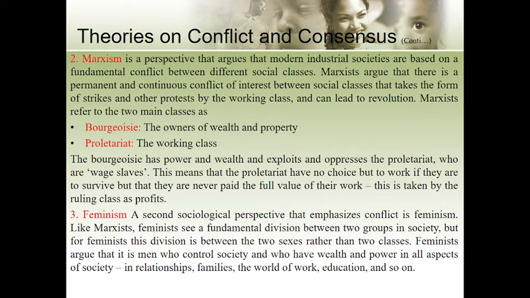But from the feminist point of view, this division is between two sexes, two genders, rather than two classes. Feminists argue that it is men who control society and have wealth and power in all aspects of society, in relationships, families, the world of work, education, and so on. The control of society by men is known as patriarchy.